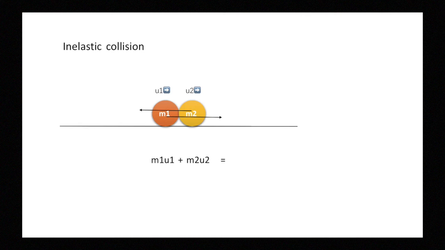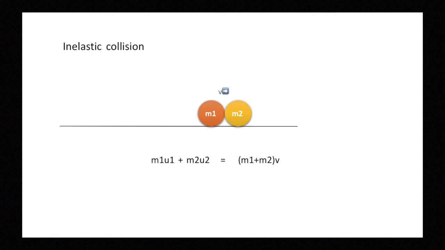After they collide, the two balls will stick to each other and move in the same direction with the same velocity, which means m1u1 plus m2u2 equals m1 plus m2 times v. From the inelastic equation, we can see that v equals m1u1 plus m2u2 divided by m1 plus m2.